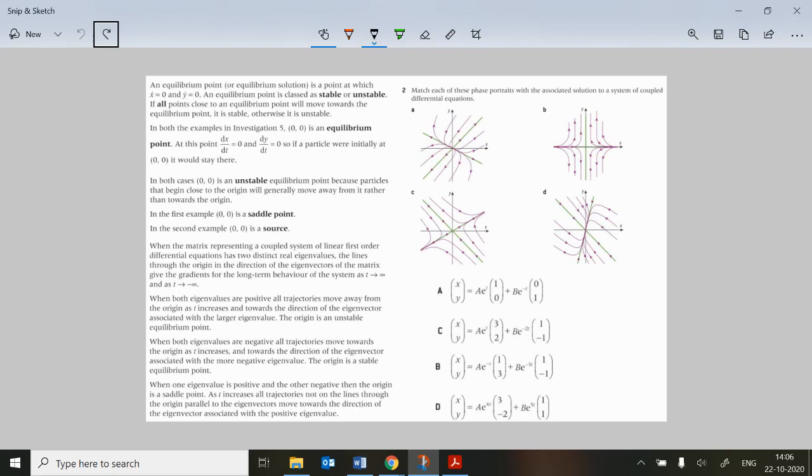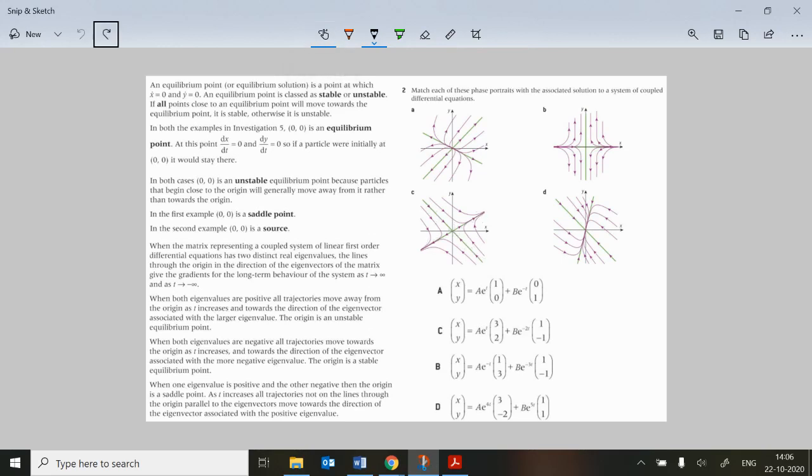Now, it does say that all points close to an equilibrium point will move towards the equilibrium point. So if we have a look at, say, for example, this one here, you can see in this case, there's a kind of equilibrium point here as well. But in this case, some points move towards, but some points move away. So this is unstable.